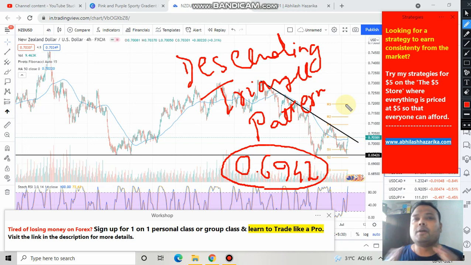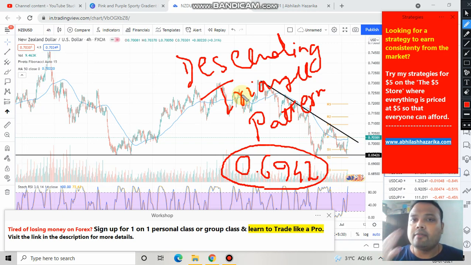Generally, I do not talk much about chart patterns and all, but here we can clearly see that market is following a descending triangle pattern, where market is following a trend line as a resistance, and on the downside we have a concrete support. As a result, we have a pure descending triangle pattern here.